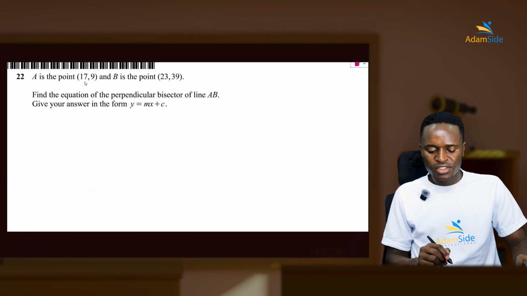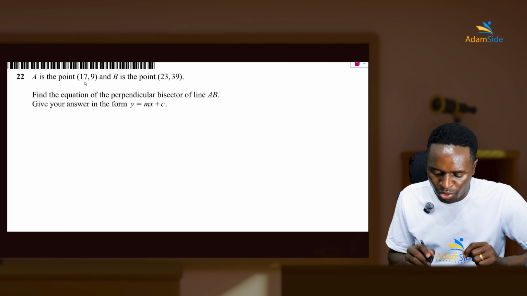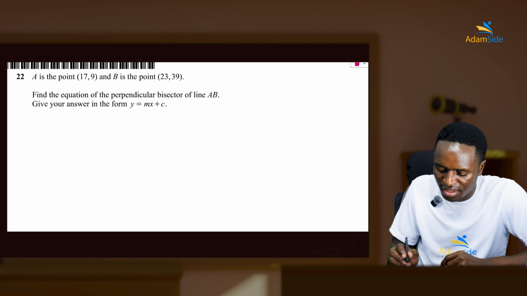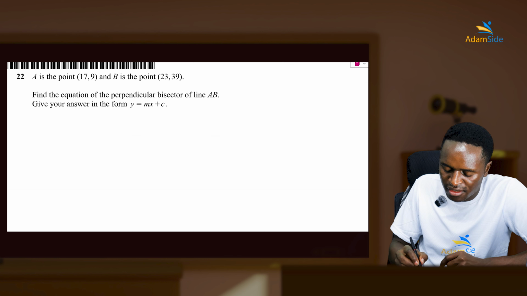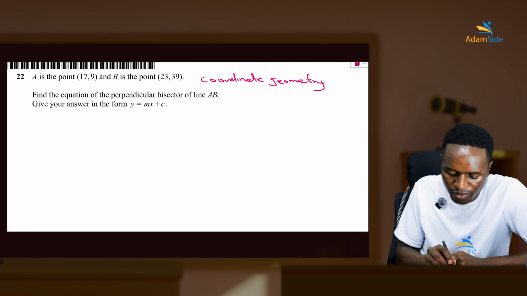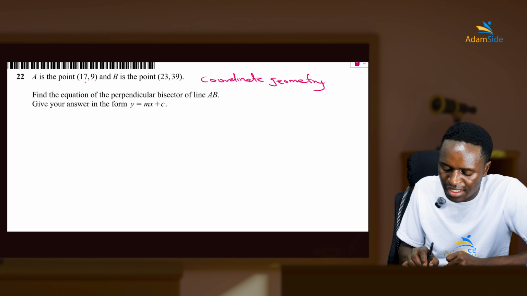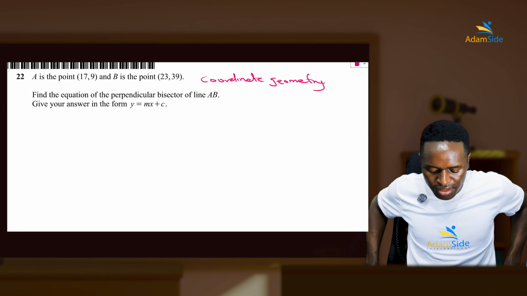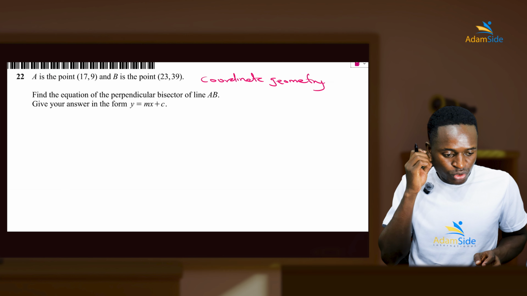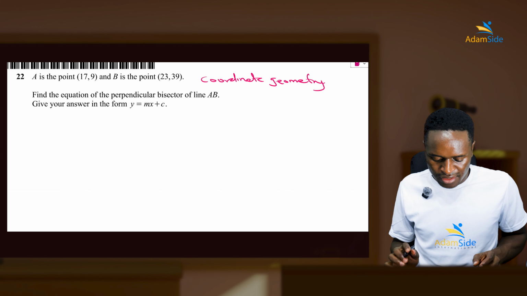They say A is the point (17, 9) and B is the point (23, 9). Find the equation of the perpendicular bisector of line AB. Now, this is called coordinate geometry. So the first thing, perpendicular bisector: we have two things that we need to calculate in this question.